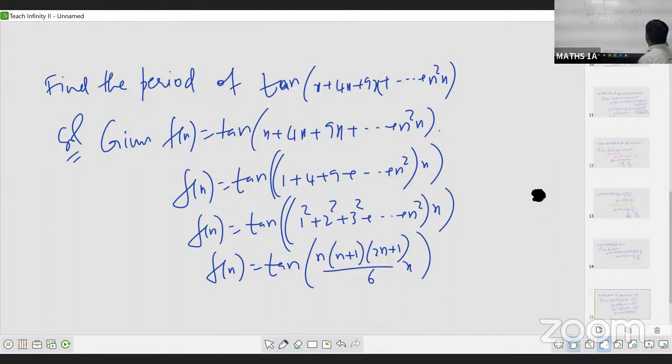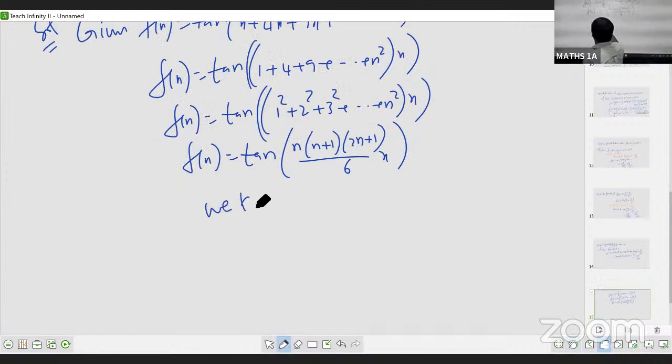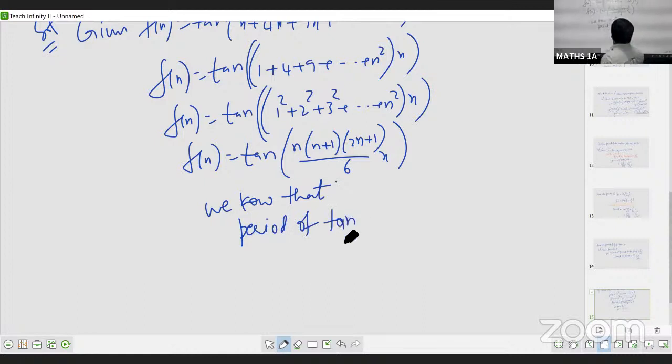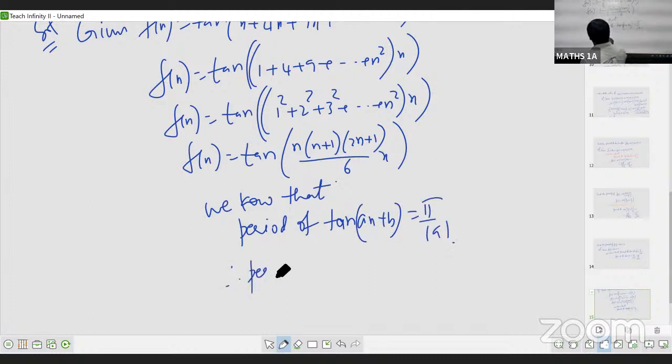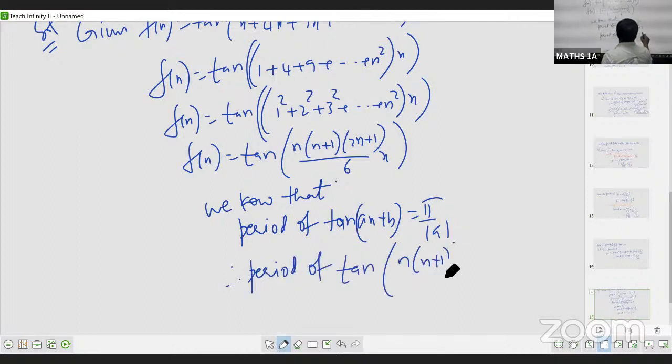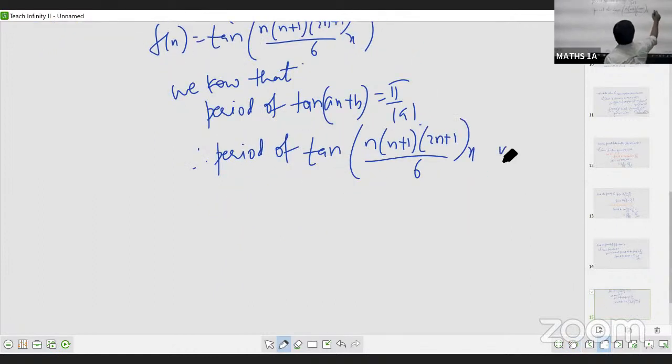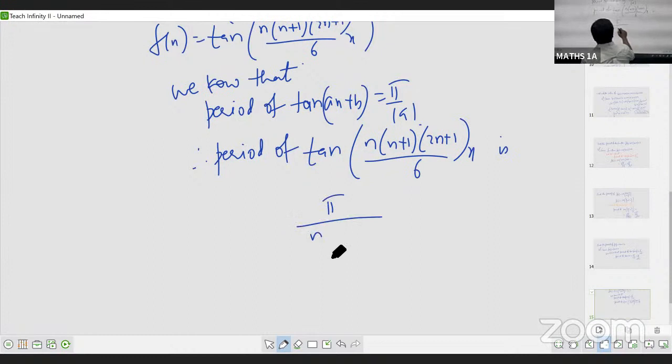So we know that the period of tan of ax plus b is pi by mod a. Therefore, the period of tan of n into n plus 1 into 2n plus 1 by 6 times x is pi by mod a.